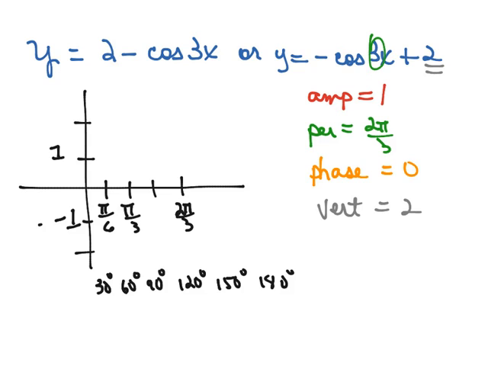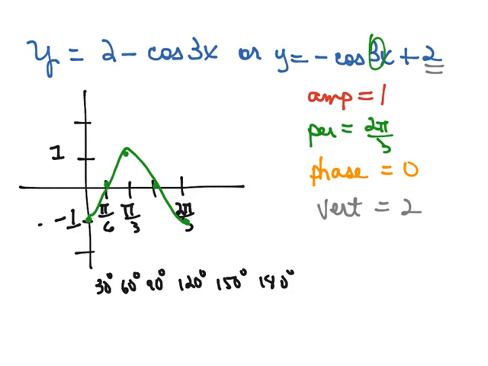First of all, if I just graphed negative cosine 3x and ignored the plus 2 at the end for a moment, then I would start down at negative 1, go up to 0, up to positive 1, back to 0, and then down to negative 1. And there would be my cosine graph.